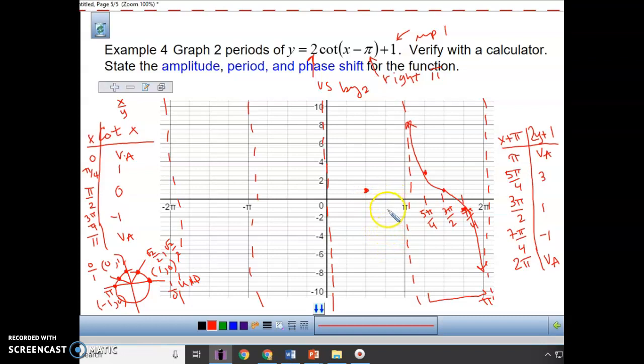To the right, pi over 4, you'll have a value at negative 1 for the y value. And to the left of the center by pi over 4, go left 1, and you'll have a value at 3. So you'll take this graph and make another cubic type function that looks like this. And you would continue that same pattern here and here as well.